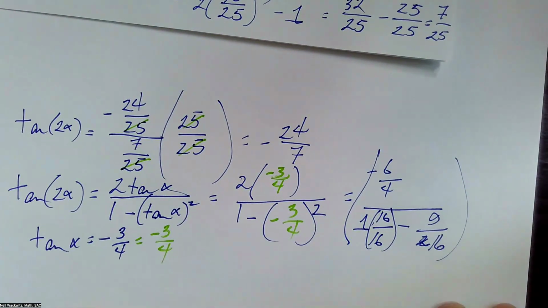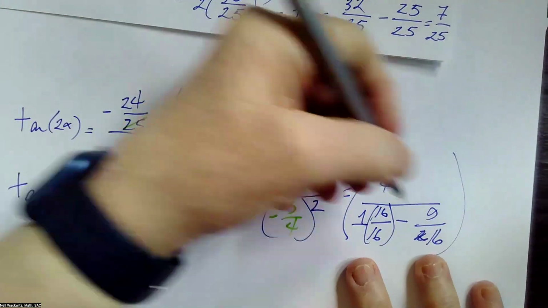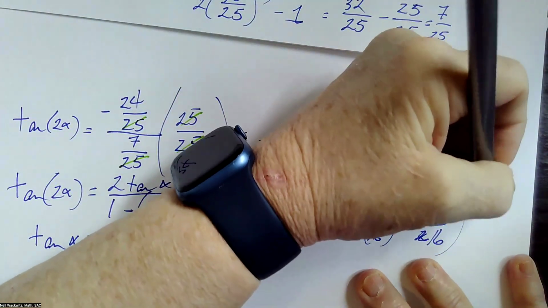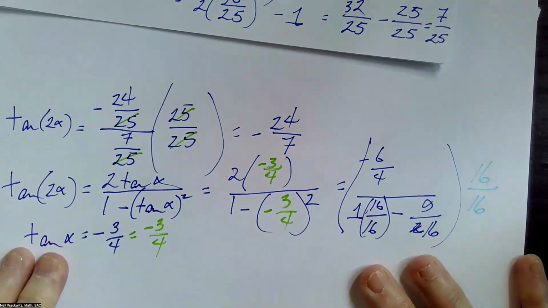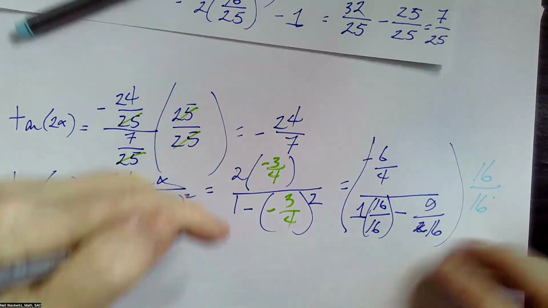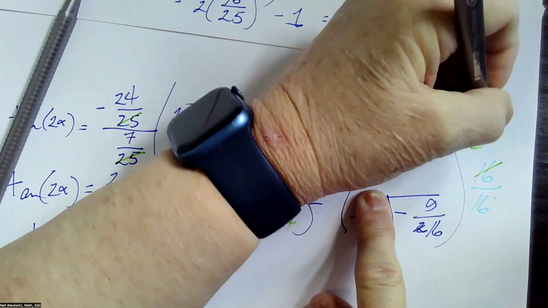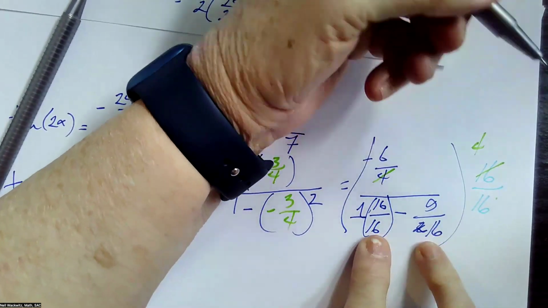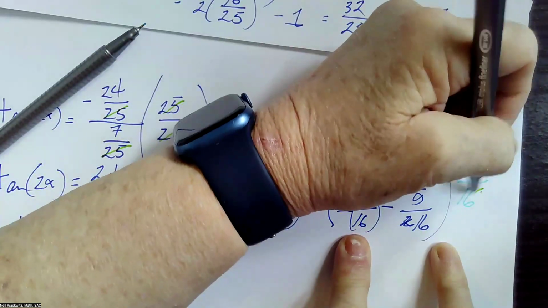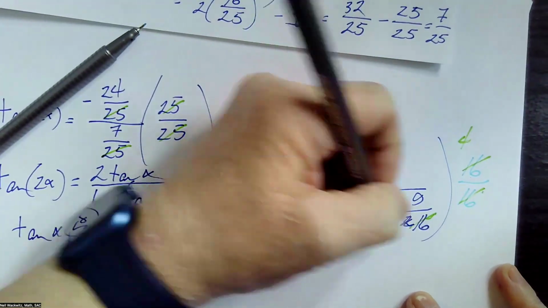To get rid of the inside denominators, we're going to multiply this whole fraction by 16 over 16. 16 divided by 4 leaves 4. And here we've got 16. So 16 divided by 16 is just 1.